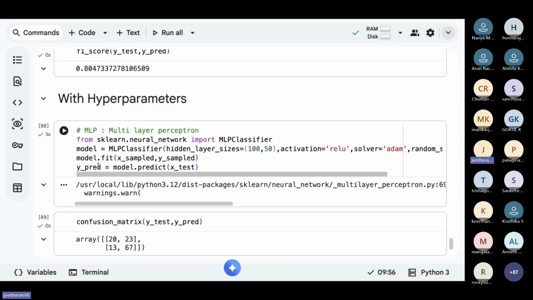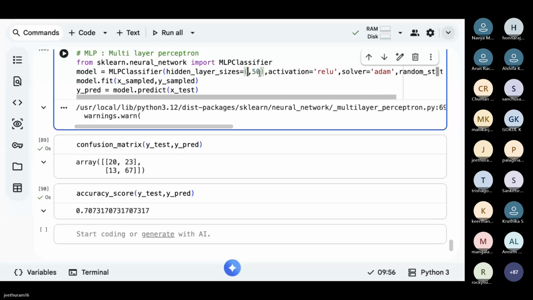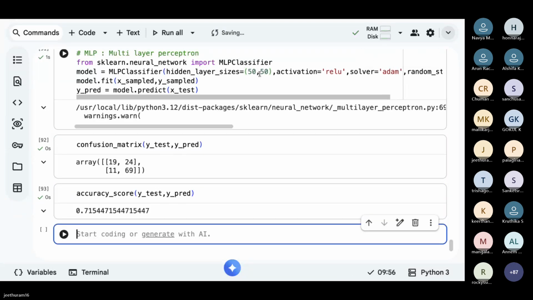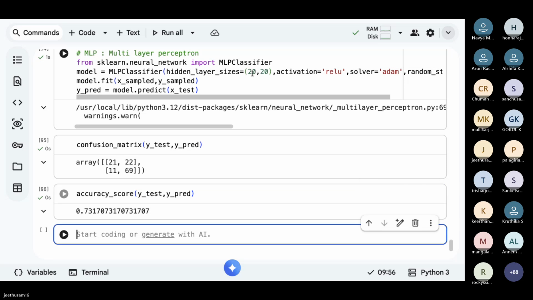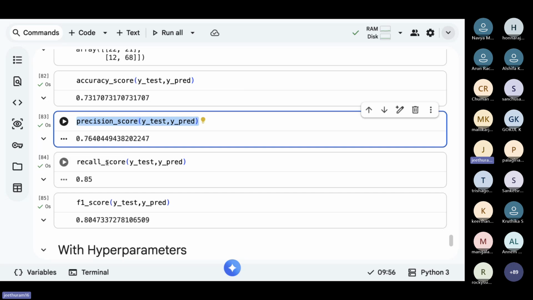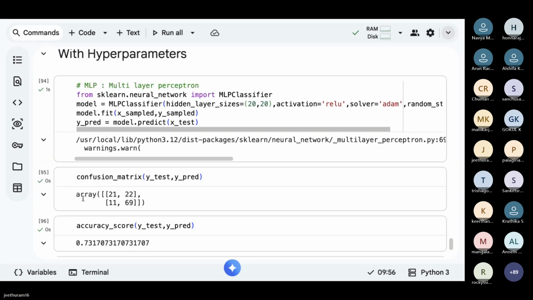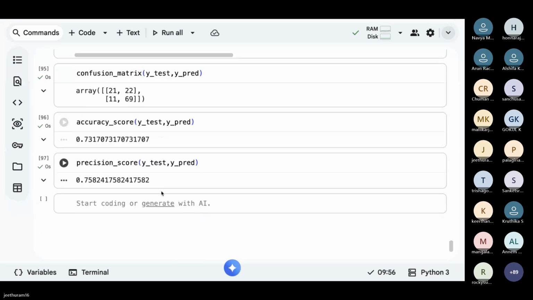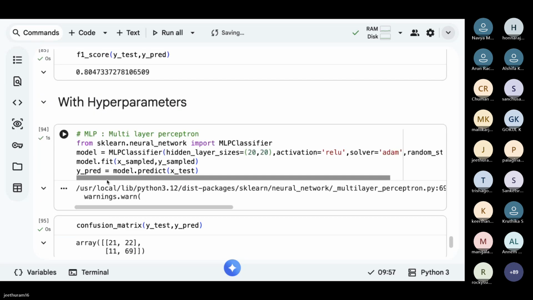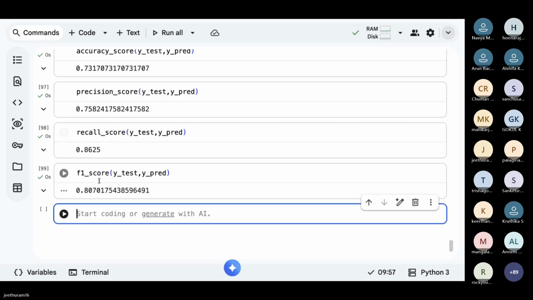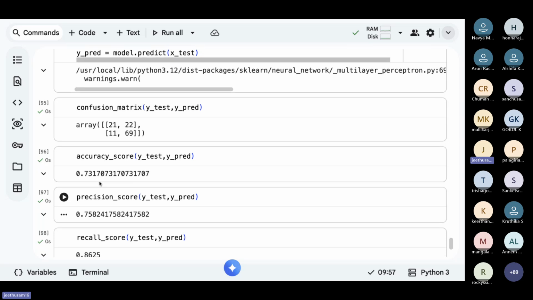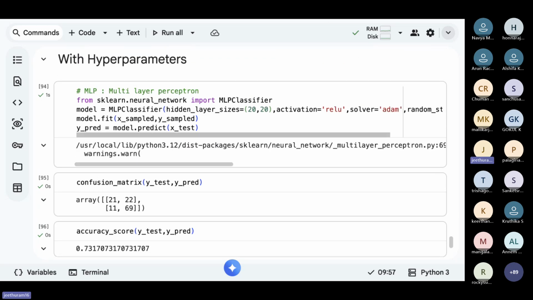Increased or decreased? Decreased. Only recall is improving, precision not much. Okay, this is how you deal with hyperparameters in an MLP classifier.